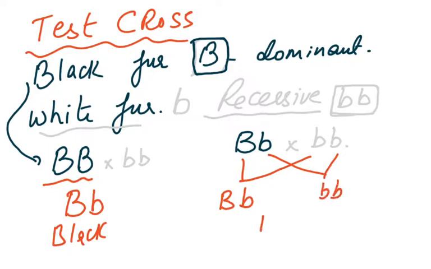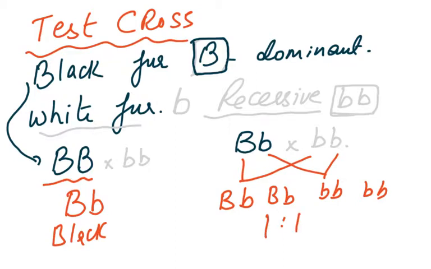So this is 1:1. It's actually 2:2 because I'm not writing all of them, but you can just simplify it and write 1:1.